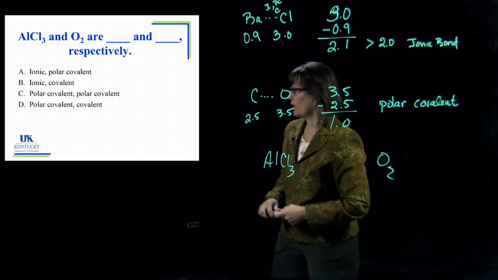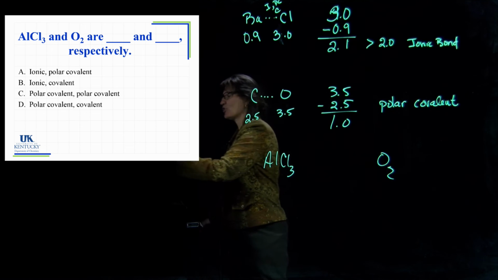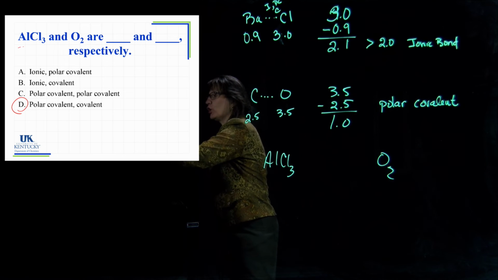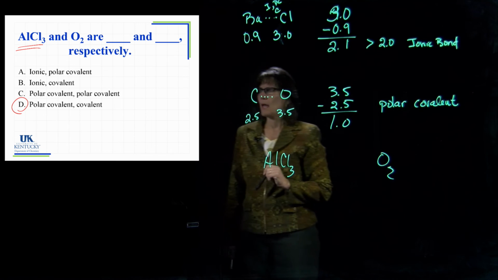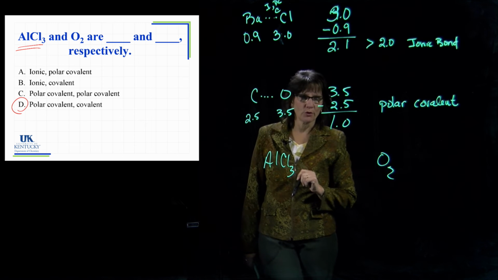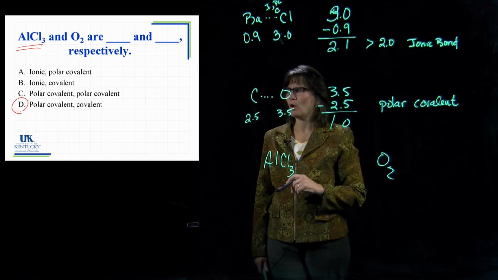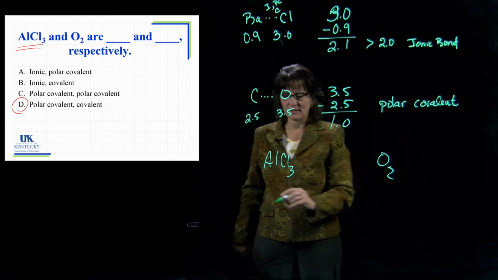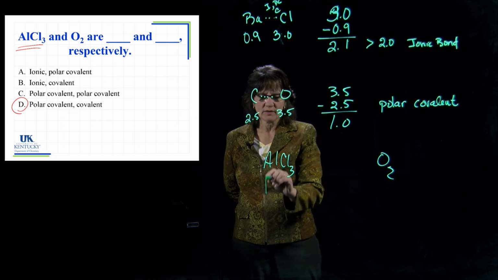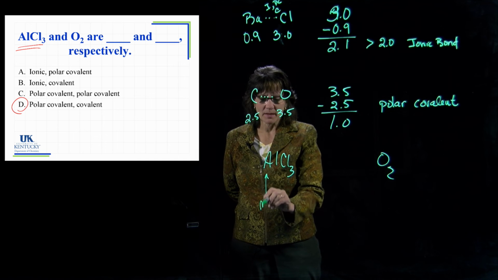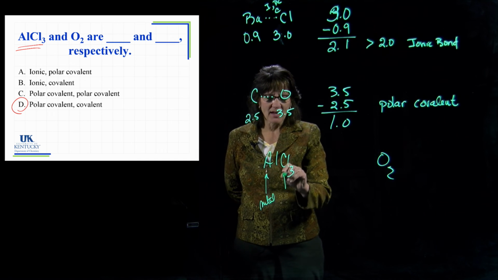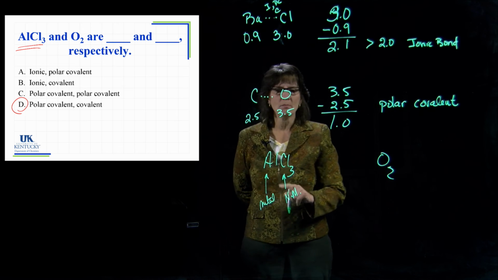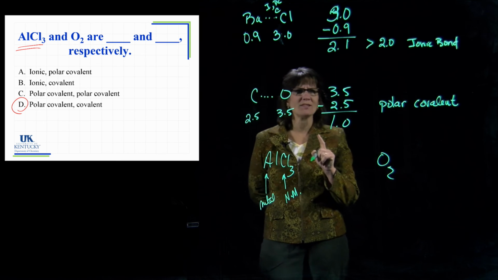Okay, what did you come up with? Did you come up with this actually being polar covalent for the aluminum chloride, but the oxygen was a pure covalent? We wouldn't use the word polar with it. Now that is surprising maybe at first, because if you don't look up the numbers and you say, hey, that guy is a metal, and that guy is a non-metal, and always when we took a metal with a nonmetal in the past, we've always said that that was ionic.